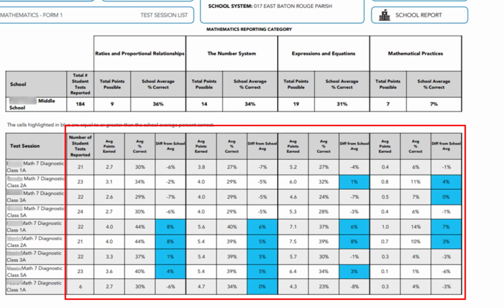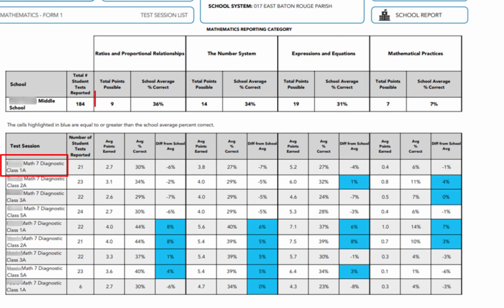So for teacher A, out of 9 points, the average student received 2.7 points, which is 30%. So 2.7 divided by 9 is 30%, which is 6 points below the average for that reporting category. So you see the 36%? 36 subtract 30 is 6, and so it's below, so it's negative 6%.